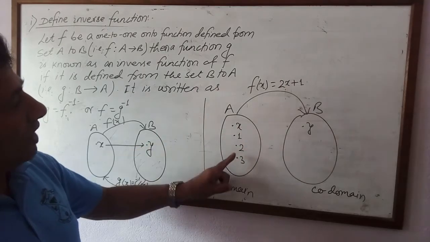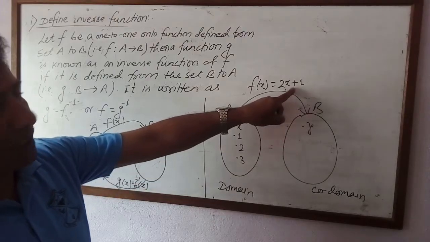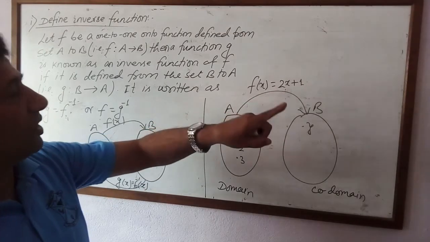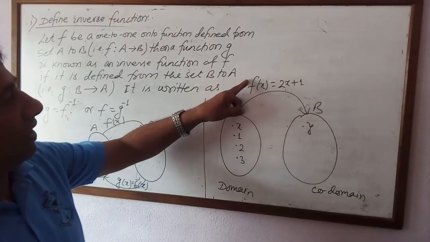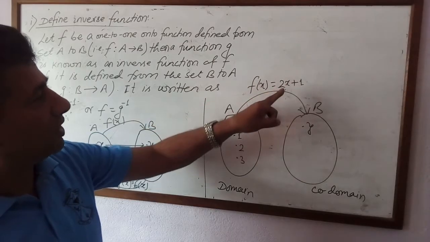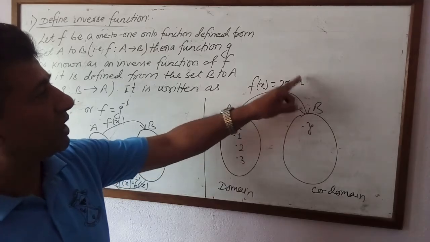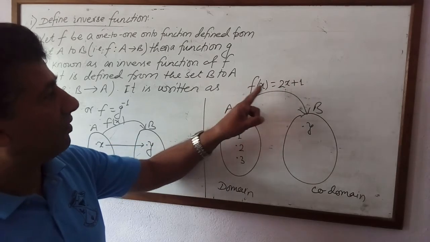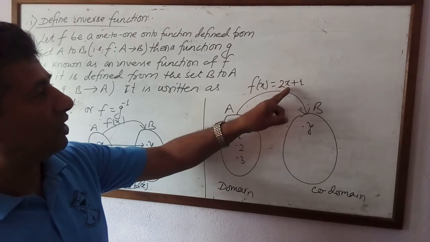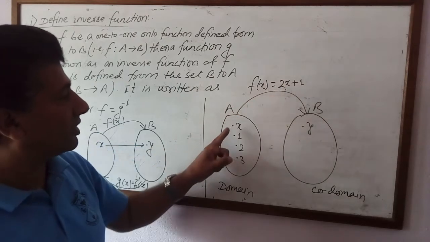Now write the value of x in this function 2x plus 1. 2x plus 1 is the function, and I have given its name f, and in this function there is x. X means domain, use of domain. That's why 2x plus 1 is the function f(x). This is a function of x. Function of x means function of this domain.